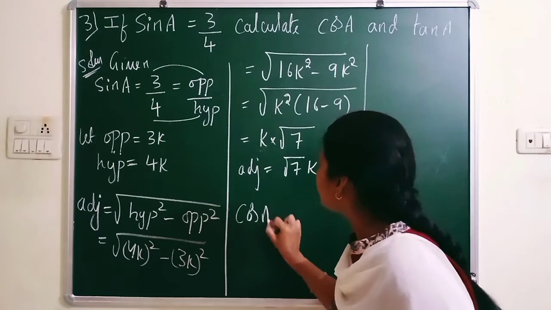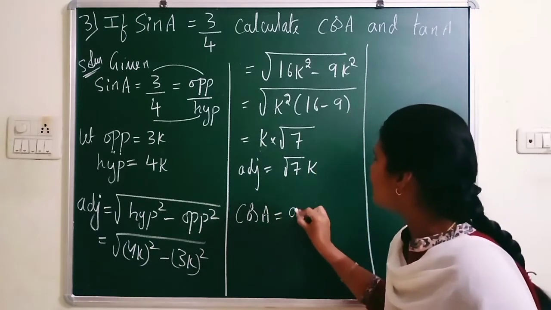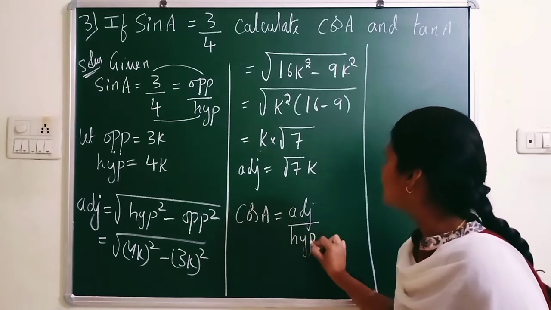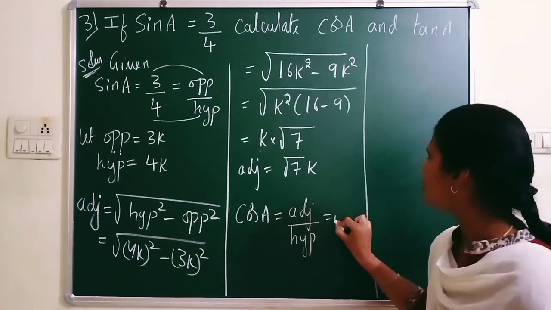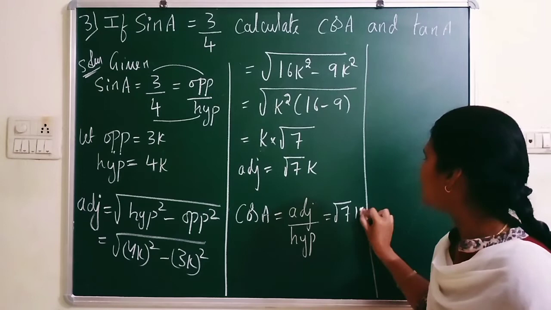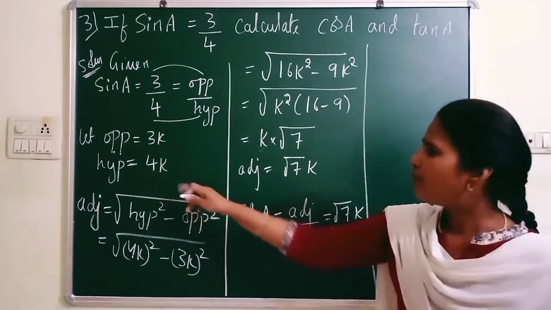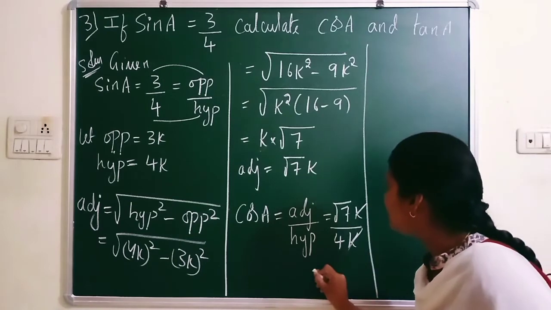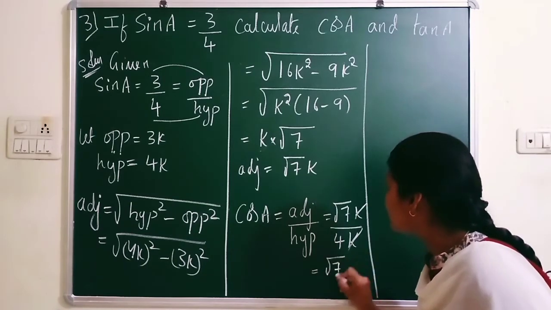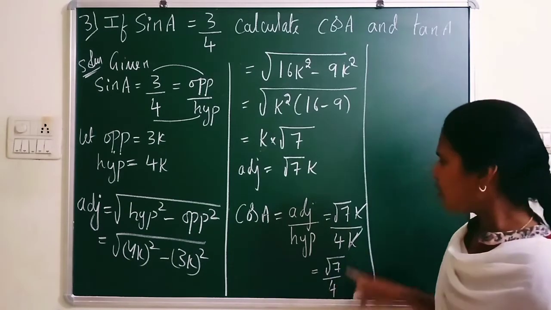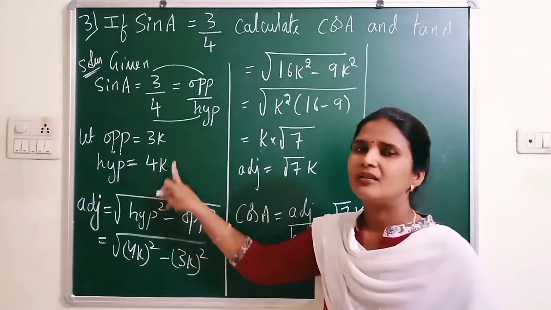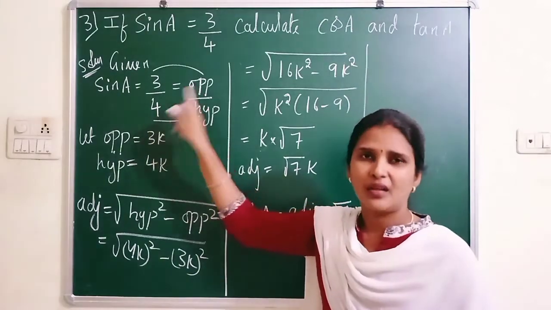Cos A. As you know, cos A equal to adjacent by hypotenuse. So what is adjacent here? I found root 7k divided by hypotenuse 4k. So k gets cancelled. So the answer is root 7 by 4. I already said that k gets cancelled, but still you have to take k here because it is a ratio.